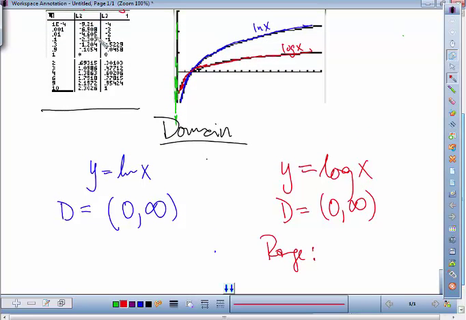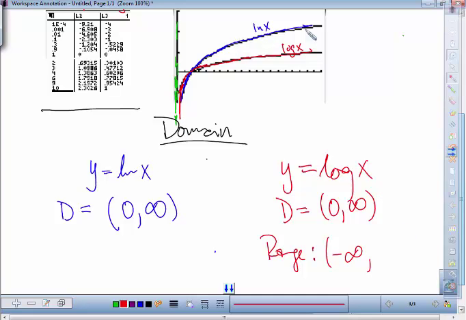We got negative 9, so it goes past negative 1. How far down does it go? It's an asymptote, so it keeps going all the way down. So it goes from negative infinity.